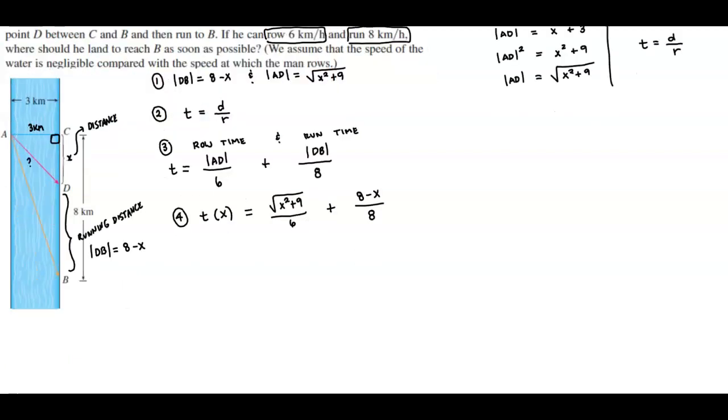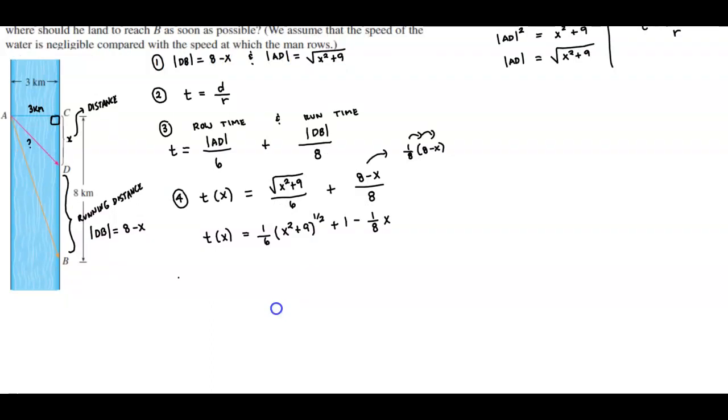Okay, we're going to have to take a derivative of this function, so before we do that, let's simplify this a little further. This is going to be 1 over 6 times x squared plus 9 to the 1/2, plus 1/8 times 8 minus x. If we distribute the 1/8, we get plus 1 minus 1/8 x.